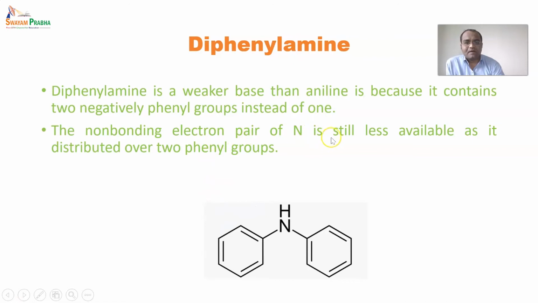The non-bonding electron pair on nitrogen is still less available and distributed over two phenyl rings, because a phenyl ring is an electron withdrawing substituent, so it will withdraw electrons and decrease the basicity of this nitrogen, as there is less lone pair available for bonding.